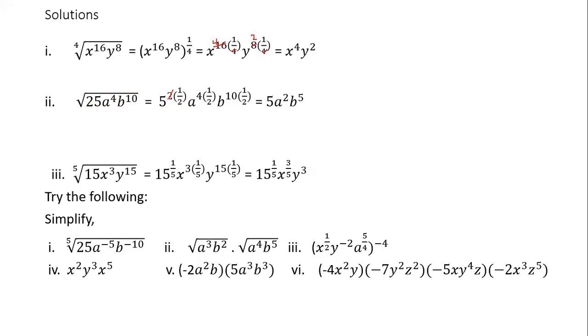So this 2 will cancel this 2 here. Now when we go to a power 4 or power half, this will also cancel, leaving 2. Now when you come here, 2 will also cancel 10 here, leaving 5. Therefore, we now have 5a squared b power 5 as your final answer. I hope you are following.